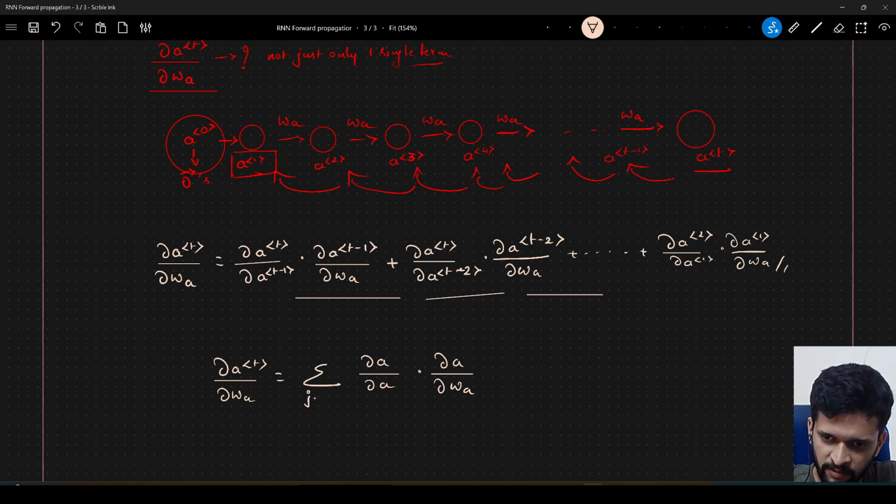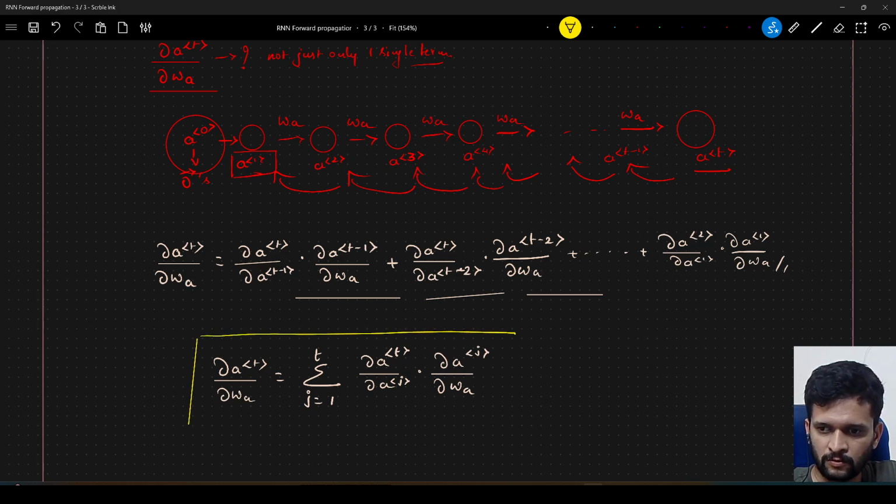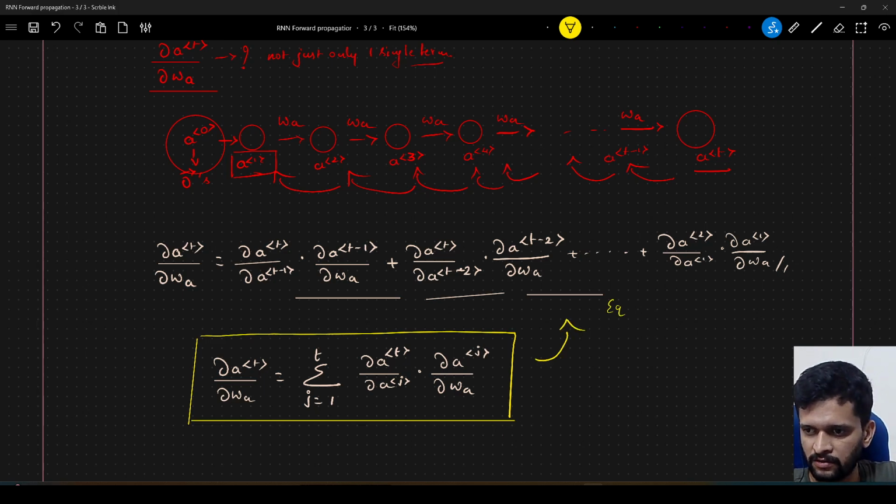I'll say some variable j equal to 1 to t, and I'll write dAt with respect to dAj, times dAj with respect to dWA. Now if you expand this whole thing, you will get this particular equation.